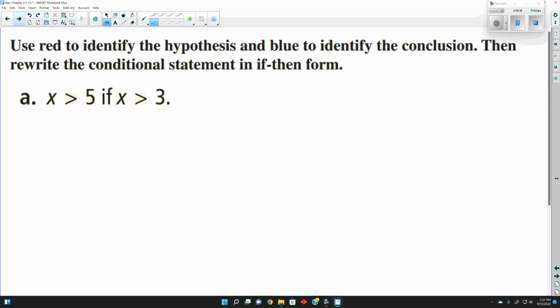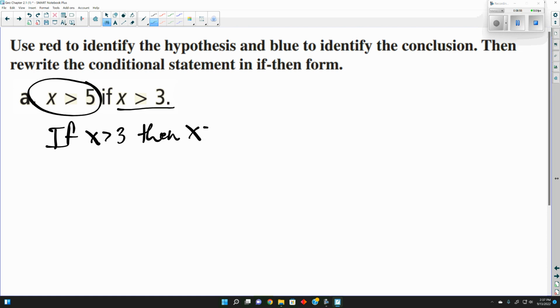For a counterexample, x is greater than 5 if x is greater than 3. So our hypothesis: if x is greater than 3, then x is greater than 5. And this here is really the foundation to all proofs.